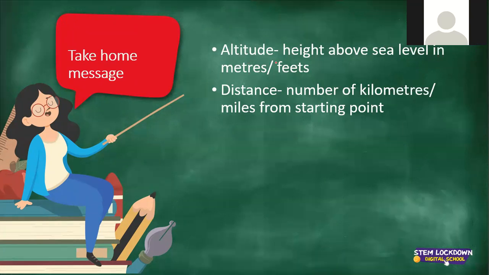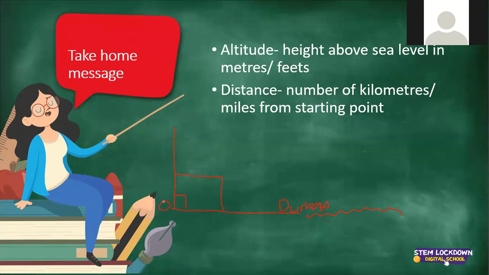Altitude, just keep this in mind. This is the height above sea level, so it's always the vertical height, perpendicular to the sea level. So maybe there's your sea. If you're staying, for example, in Durban, you'll be only a few meters away from the sea, so your altitude will be a few meters.